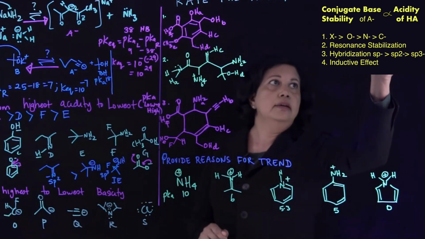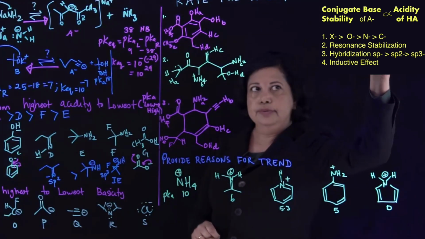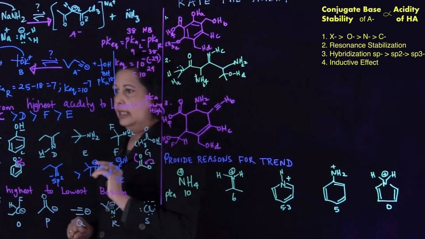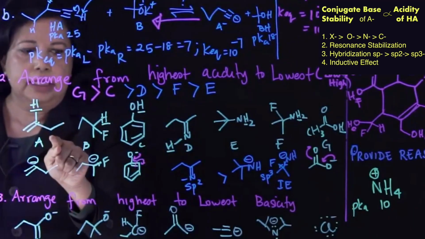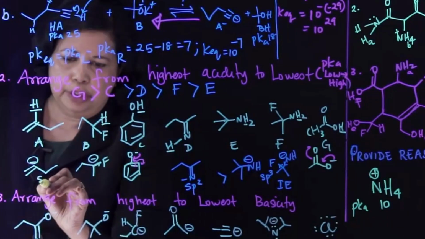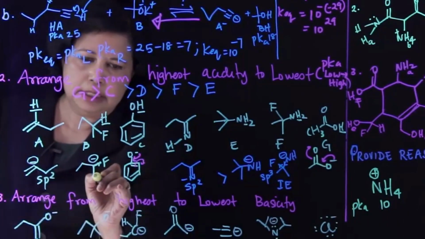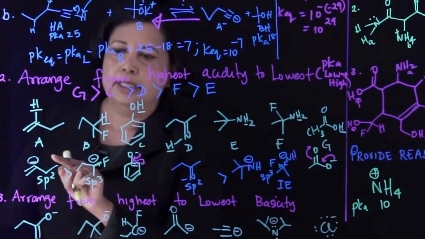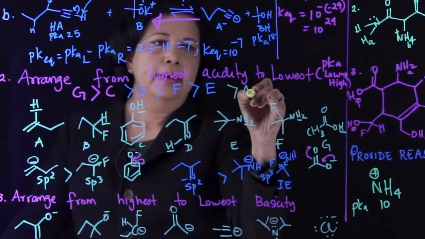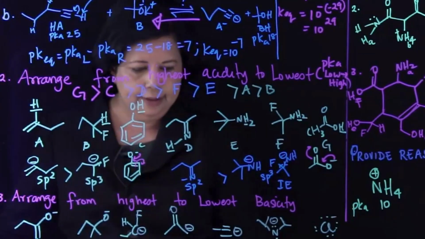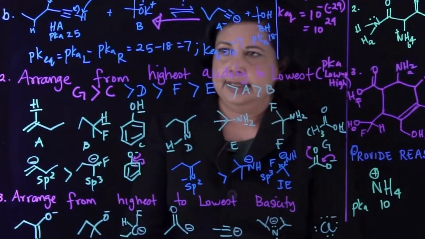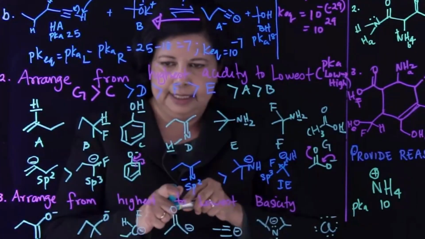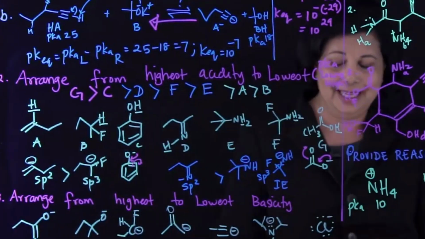Orbital effect is much more powerful than inductive effect. Therefore, sp2 is going to be more stable than sp3, even with an inductive effect. So that's A greater than B. Let's look at the next one over here.